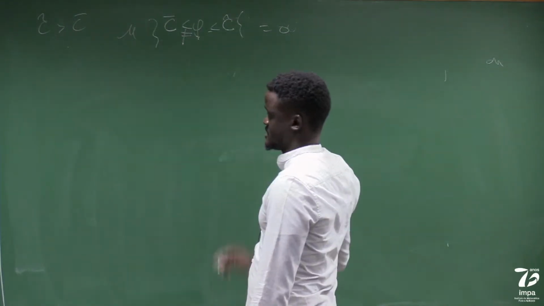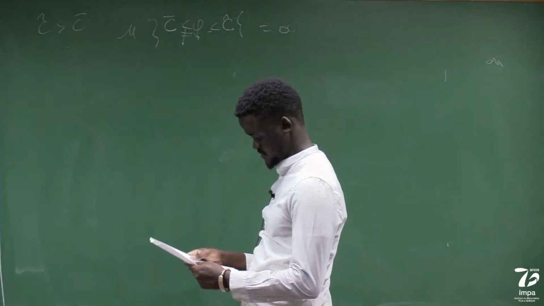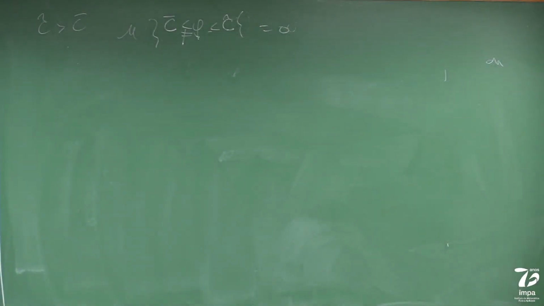So this guy has 0 measure, then phi is constant. Okay. Basically this is the one that needed some doing, but all the others are trivial. Okay, all the others are trivial.